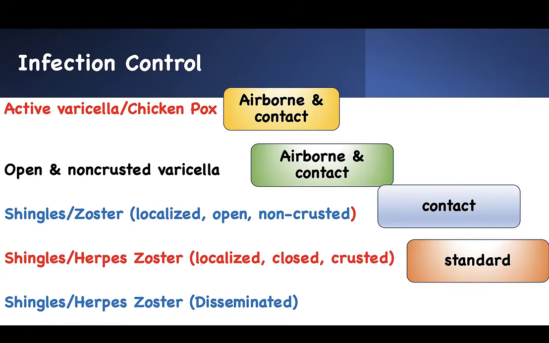That means, if you get shingles, you consider it as active varicella or chickenpox infection. And what does active varicella and chickenpox need? You need airborne and contact. Those are the five content areas regarding varicella and chickenpox that you will see on the NCLEX or in nursing school.